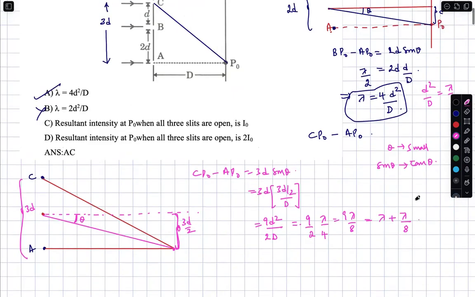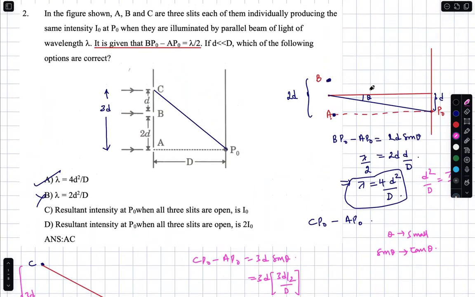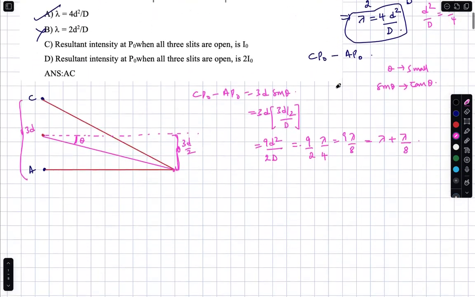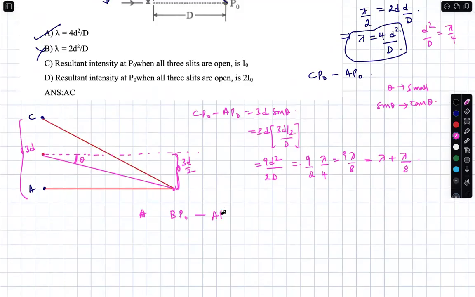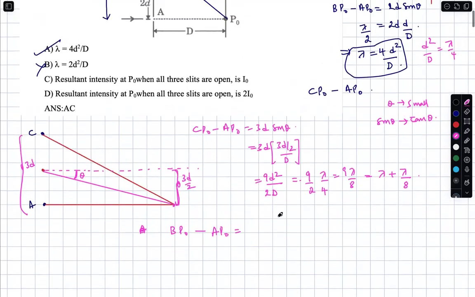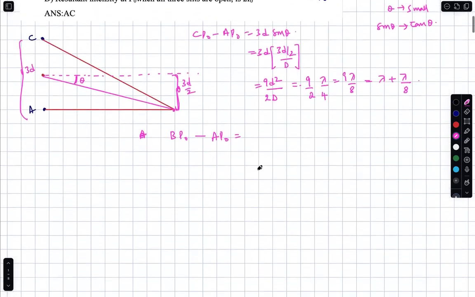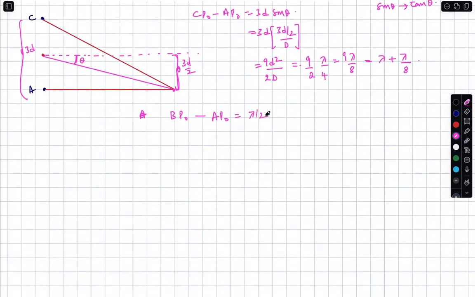Hold on. Remember, if I take A as the standard reference, I know BP naught minus AP naught, that is the path difference, is given in the question as lambda by 2. Similarly, now I have obtained one relation, CP naught minus AP naught is lambda plus lambda by 8.